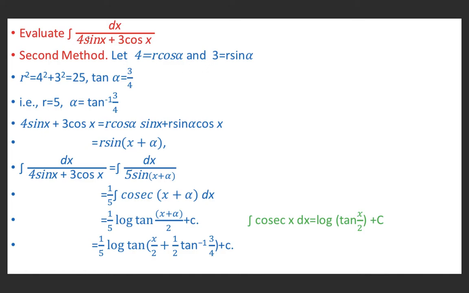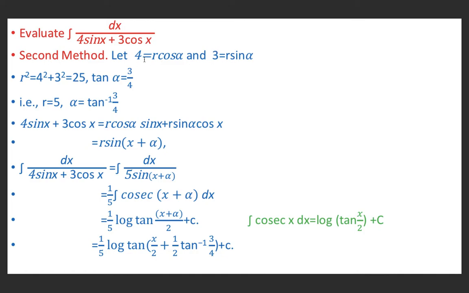If we substitute 4 equal to r cos alpha and 3 equal to r sin alpha, and if you square and add both sides, you will get 4 square plus 3 square equal to r square cos square alpha plus r square sin square alpha. If you take r square common, cos square alpha plus sin square alpha, which is 1. It means r square equal to 4 square plus 3 square, which is 25. 4 square is 16, 3 square is 9, so 16 plus 9 is 25.